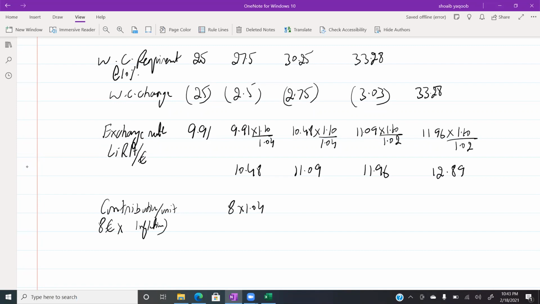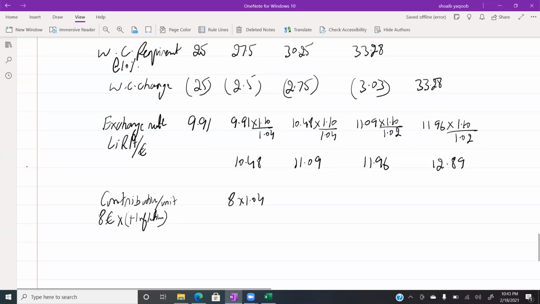Let's directly calculate. Okay, leave the tax. We will calculate tax in the second step. It is 8.32, right? Then 8.32 into 1.04. It will be 8.65. Yes, this is contribution per unit.